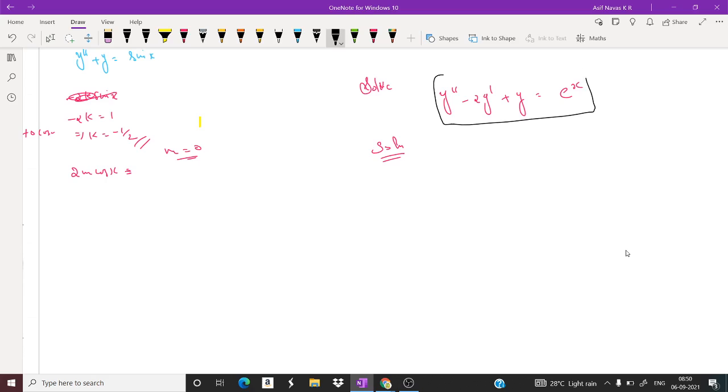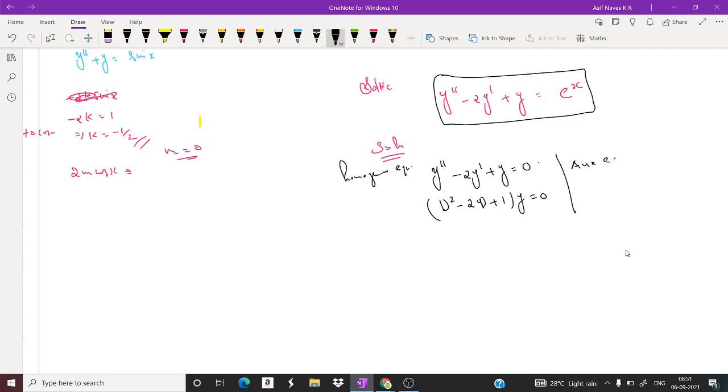So here the corresponding homogeneous equation is y double dash minus 2y dash plus y is equal to 0. This is the homogeneous equation. Then what is the auxiliary equation?